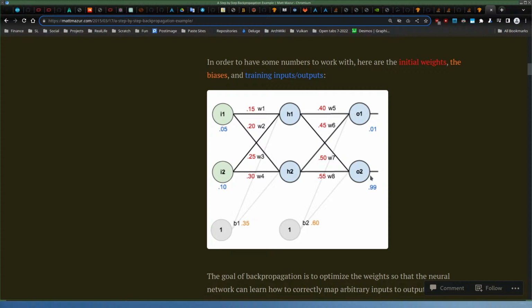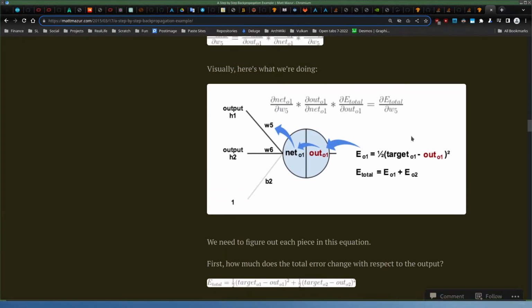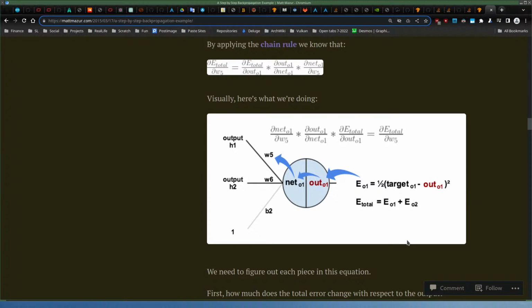So a partial derivative of dW5 is going to be 0 for this. dO2 over dW5 is 0. And now this is the partial sum.